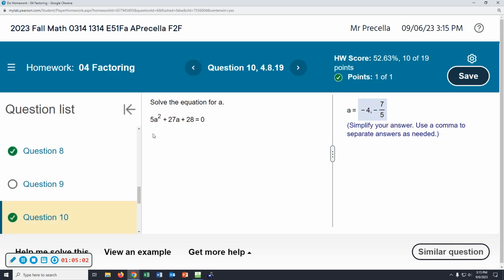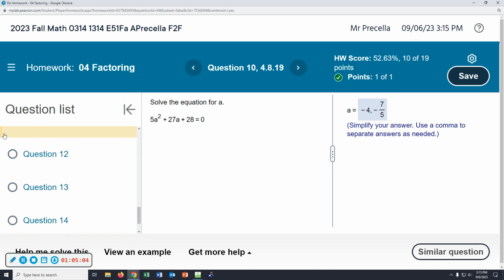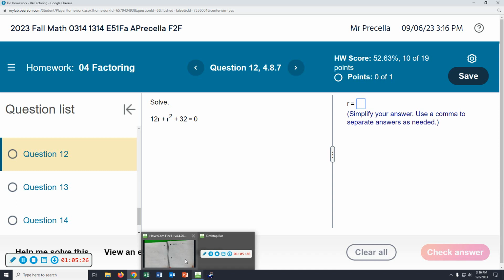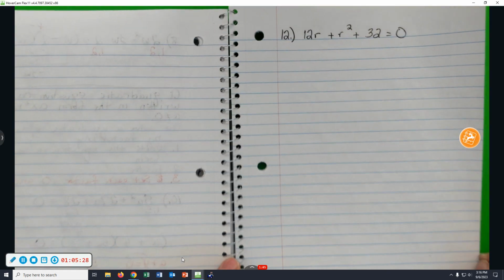So let's do 12. 12R plus R squared plus 32 equals 0.